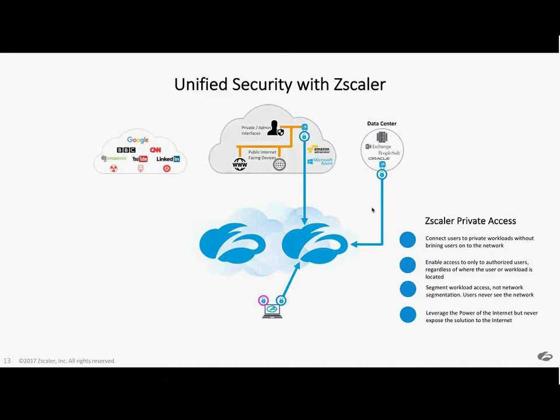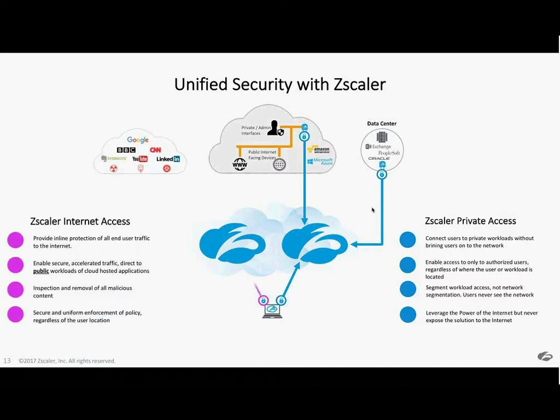But the powerful thing here is when that user is on the road or wherever you may have them, and they are accessing your private applications, they still have access to the internet. They can access Google or Facebook or whatever. And one of the really powerful things that we do is that if you are using Zscaler Internet Access at the same time, you can ensure that all traffic from your users is going through a secured policy engine that you manage.